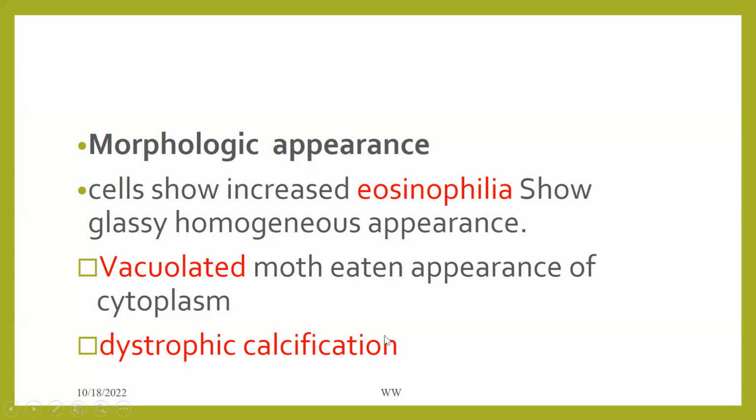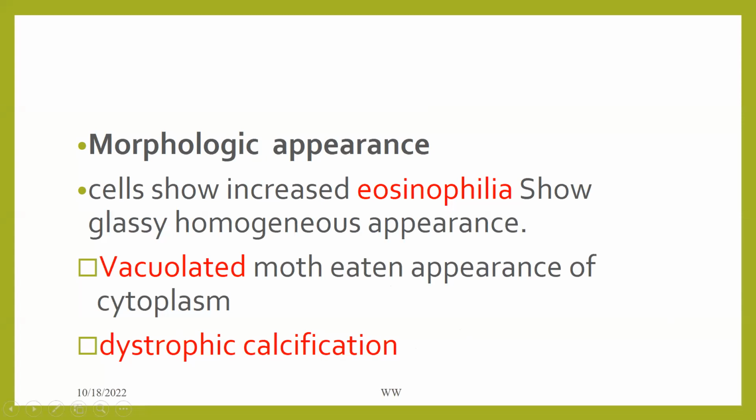And with time, the body does not like dead material just coexisting with living tissue, so it undergoes another pathologic process that you shall be learning about, called dystrophic calcification, where calcium is deposited onto this material, and therefore it becomes calcified.